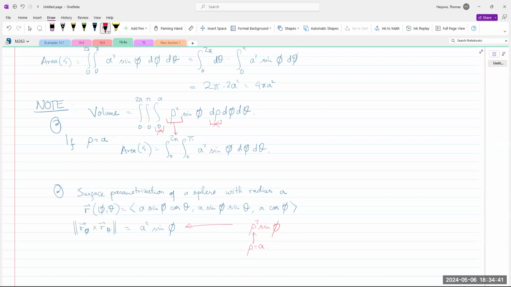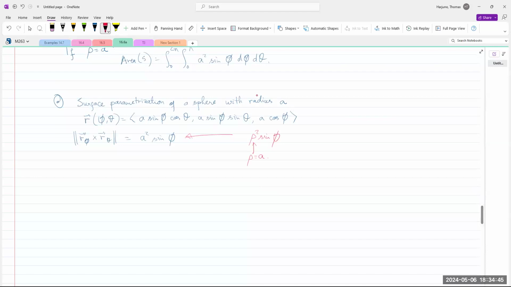So the double integral, instead of with rho squared sine phi, now becomes just a squared sine phi d phi d theta. Okay, that's something worth identifying though.